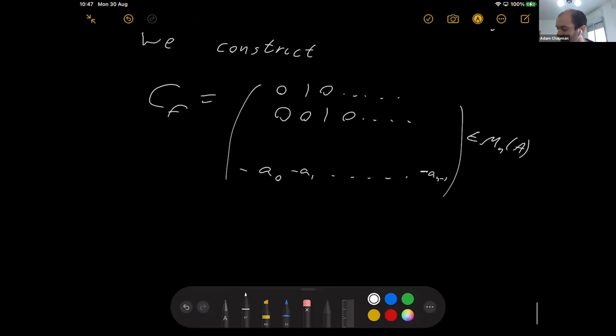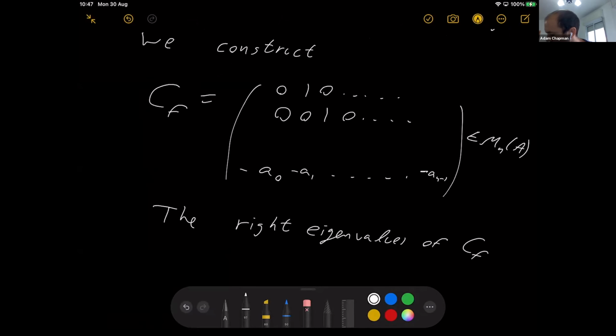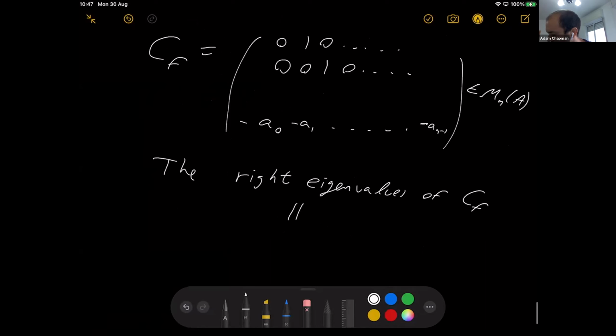And apparently the right eigenvalues of this companion matrix are the same as the roots of the companion polynomial. So this is a theorem, it's not a trivial theorem.